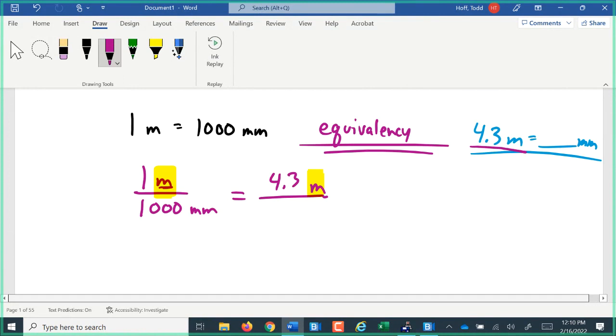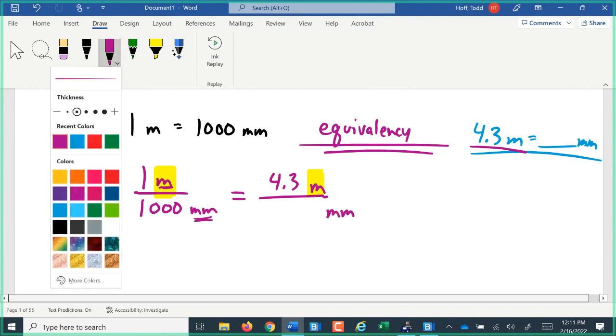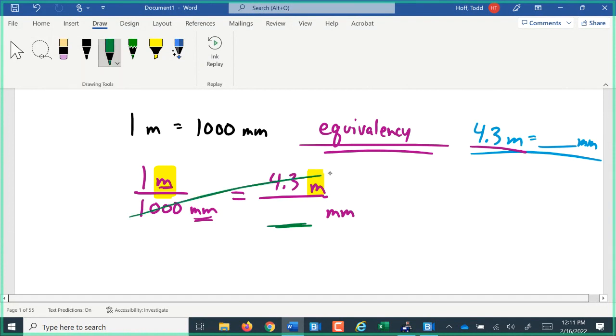So what goes on top on one side matches up with what goes on top of the other. So this being millimeters means this will be millimeters. And here, since we are just simply missing this number here, we can go ahead and cross multiply and divide. 1,000 times 4.3 divided by 1 is 4,300. And we've done a measurement conversion using that proportion and those ratios.